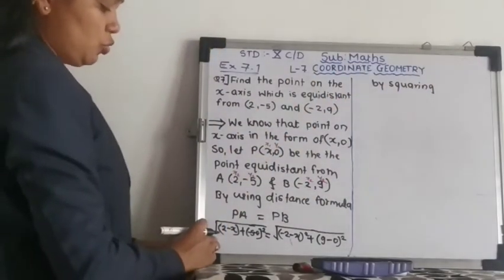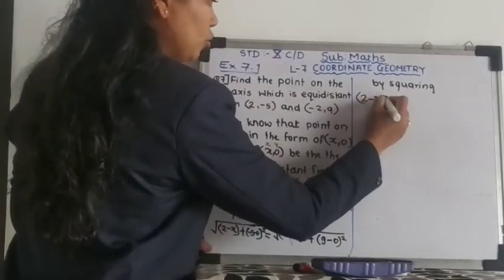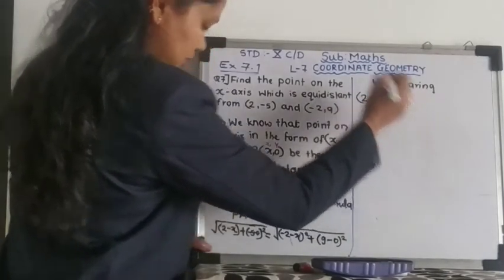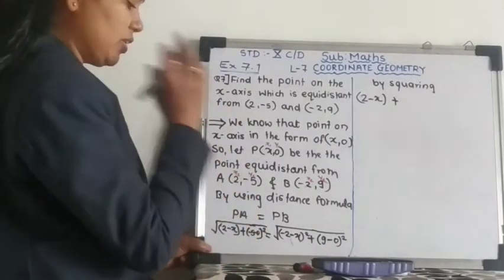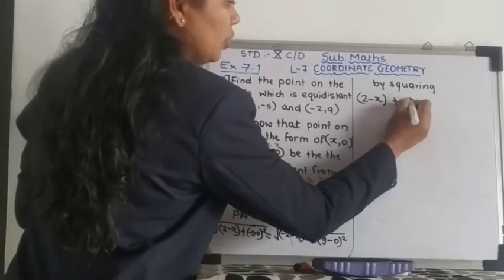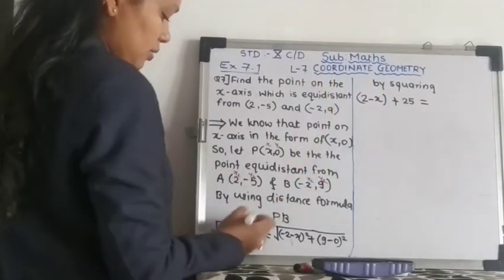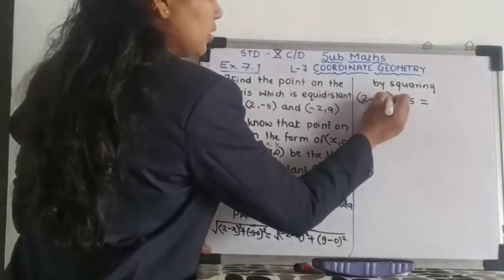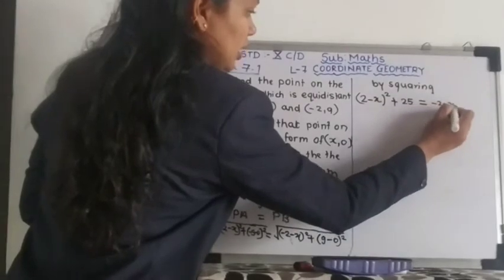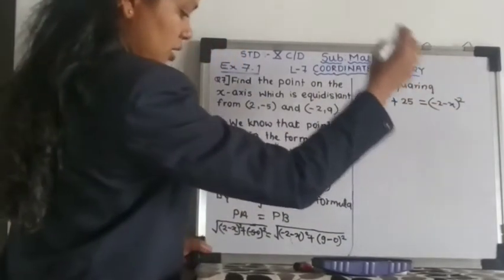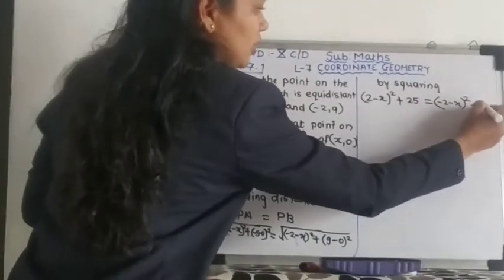When we square this, we simply get the inside: (2 minus x) square plus (minus 5 minus 0), which is minus 5, and the square of minus 5 is 25, equals to (minus 2 minus x) square plus the square of 9, which will be 81.